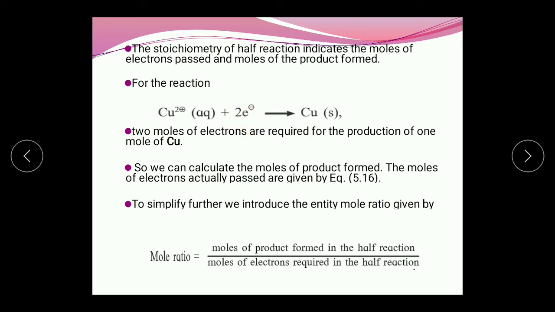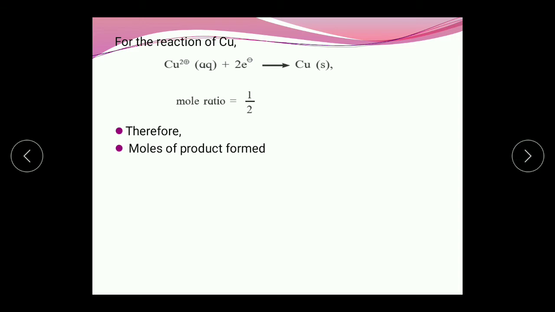Now, for the reaction of copper, the mole ratio is 1 by 2. Now the actual formula of the third step, moles of product formed, is equal to moles of electrons actually passed into mole ratio.